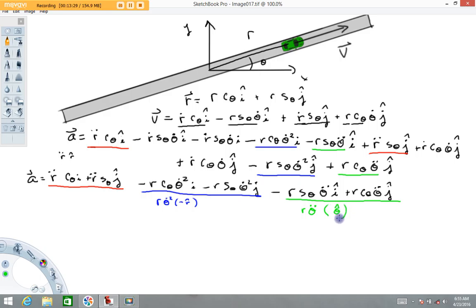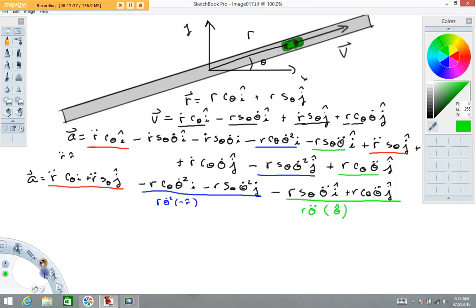All right, next terms. Now I'm going to look at the r dot theta dot terms finally, and I'm running out of colors here. Let's do those in purple. So we've got an r dot theta dot there, and r dot theta dot there, and r dot theta dot there.